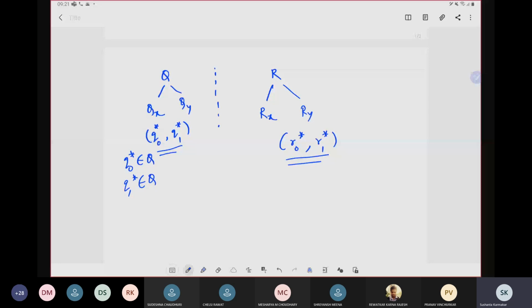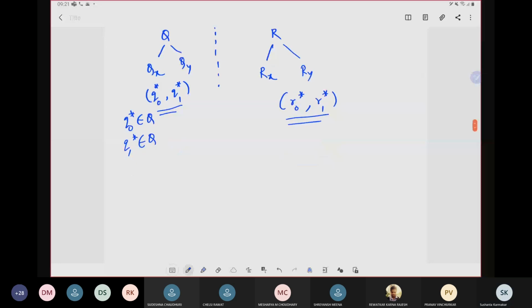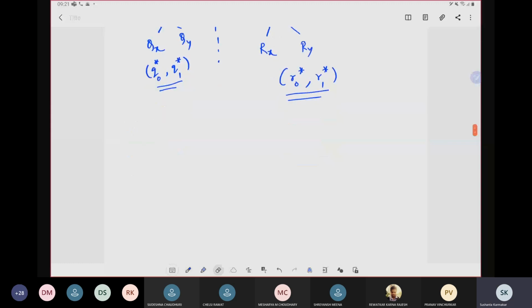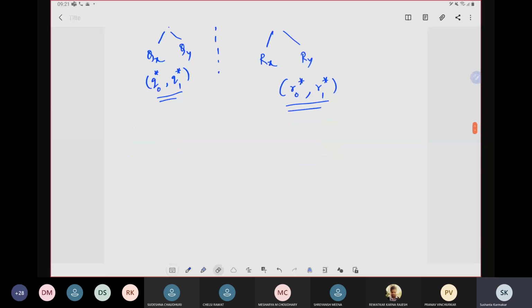Now, once I have this, I have a critical question. With these things in hand, I have to combine and find the combined closest pair.